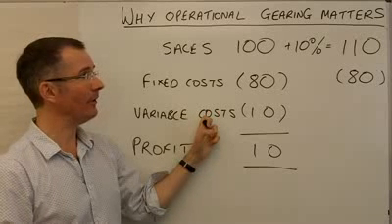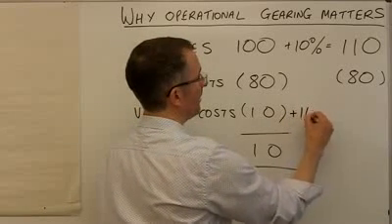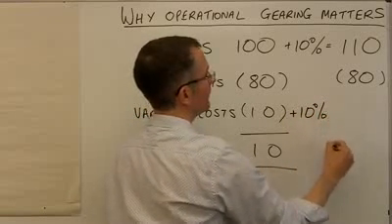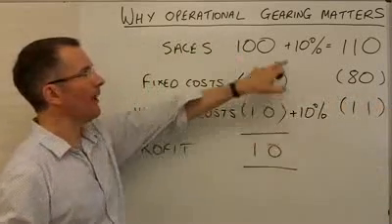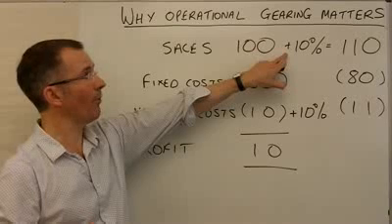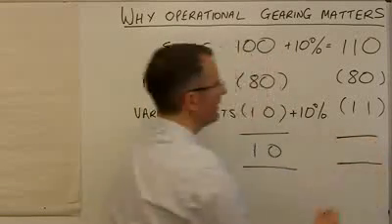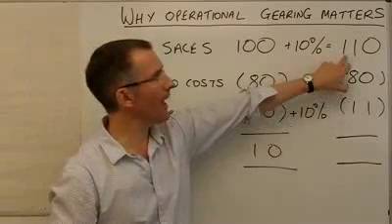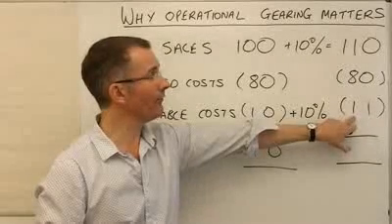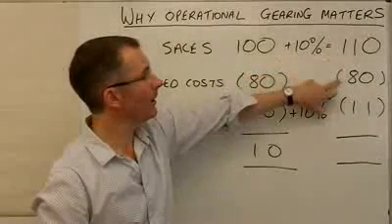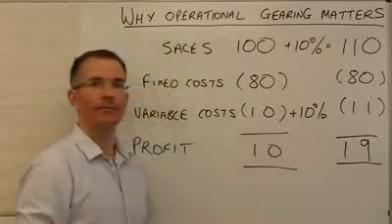If you sell more magazines, you've got to print more magazines. So they will also go up, presumably by around 10% to 11. So a 10% increase in sales, great, all businesses want to achieve increased sales, moves the profit figure to 110 minus those fixed costs minus those variable costs, so that's 110 minus 80 minus 11, that's 19.